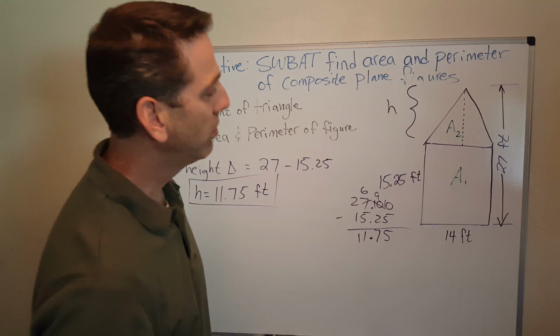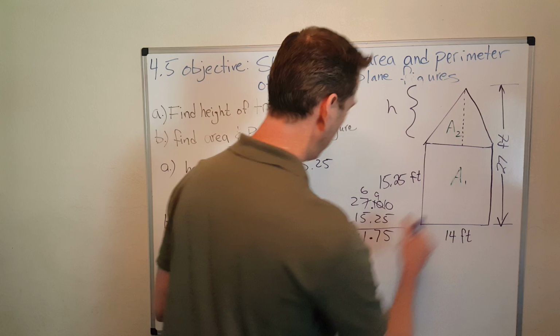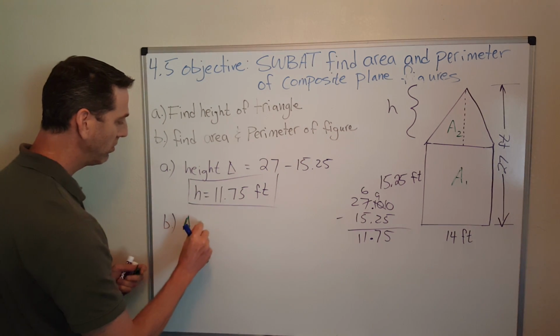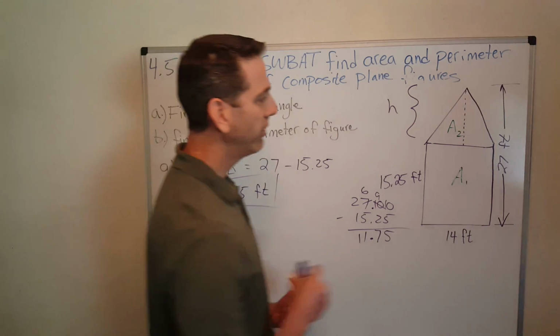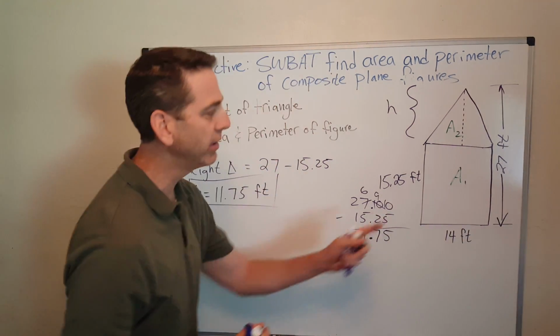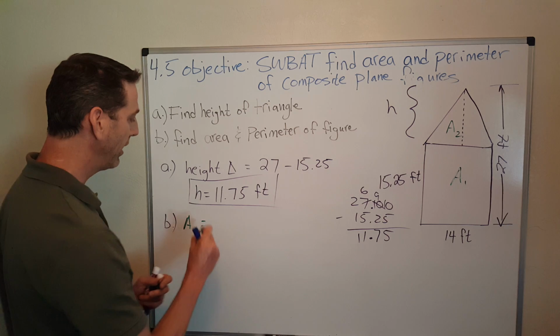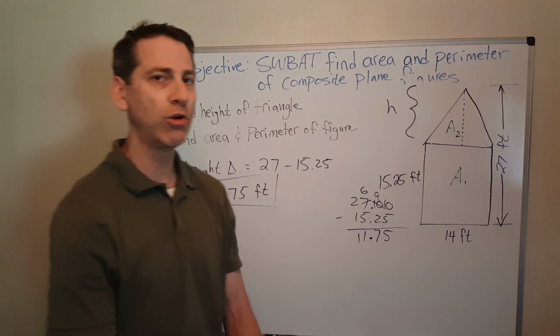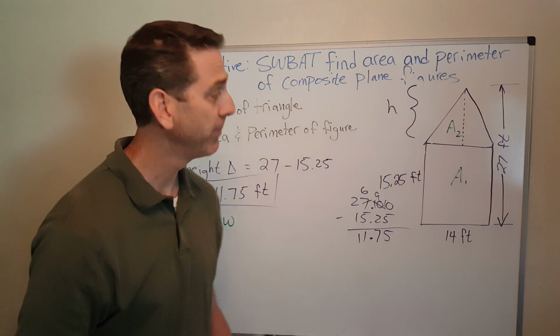Okay, so what is A1 equal? Well, area 1 is just going to be the area of this rectangle, which is length times width. I like to write my formulas down, that way I learn them.